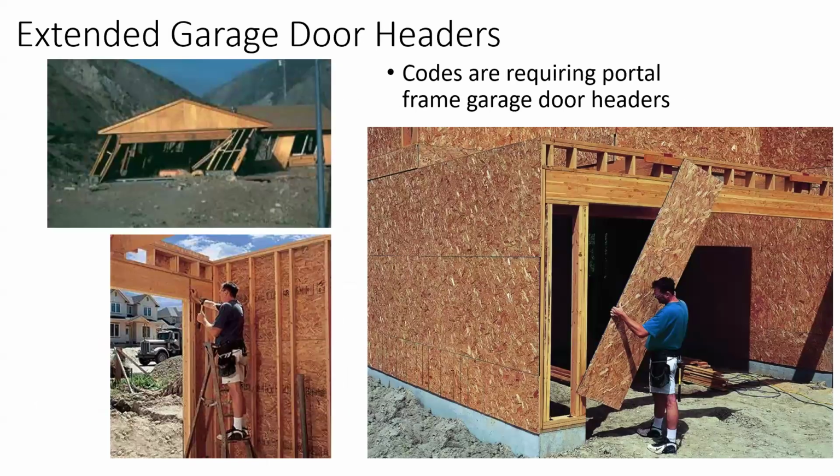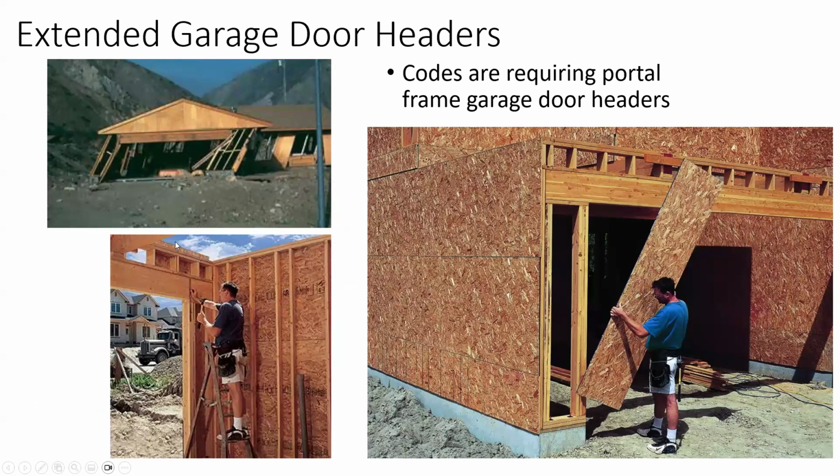The other thing that's becoming a thing that wasn't a thing when I started is what's called portal frame or extended garage door headers. Because if you think about it, if the wind's coming from the left here, that's a weak point because I've got this big honking opening in that wall, and there's very little space to resist that wall wanting to tip over.